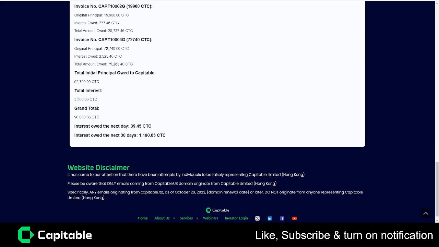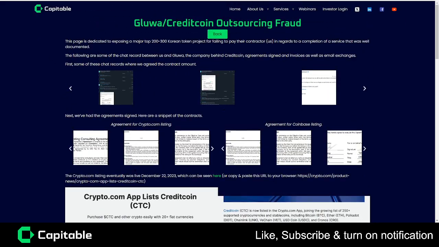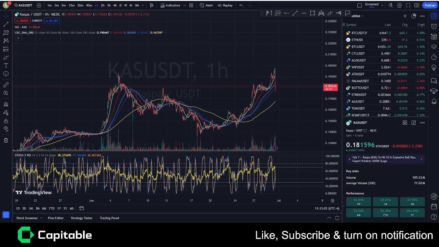So look into that, and they have a lot of information coming out on some projects. I wouldn't trust them with my tokens or my crypto. Those are facts, just what happened. There's chat information, there's the contract. Enough information has been blurred out, so there are no confidentiality issues as per our lawyers. So look at it, and I'll see you in the next video.